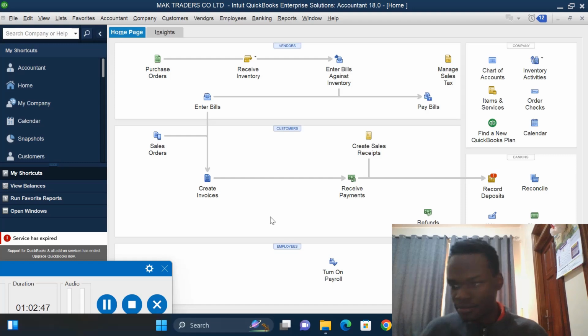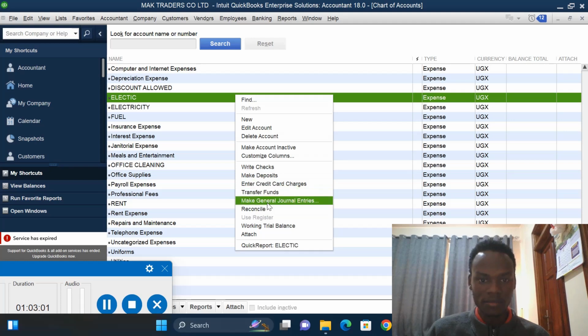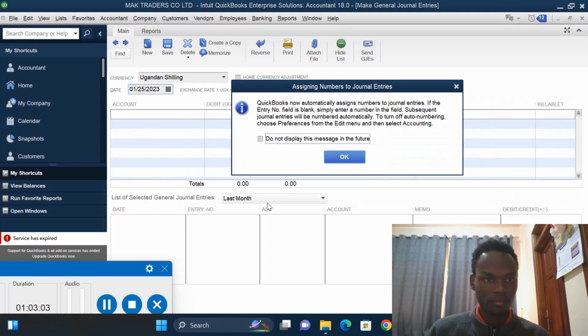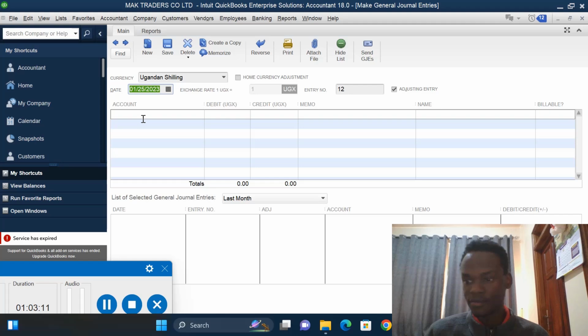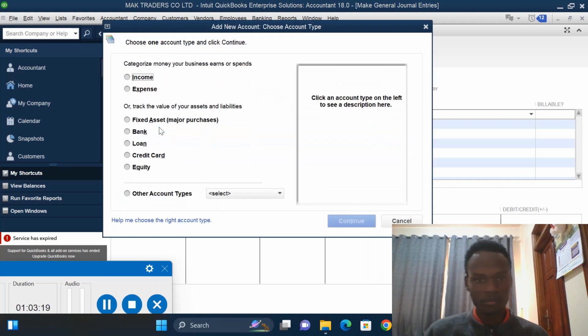Then the next transaction, it says Uganda shilling 500,000 was withdrawn from bank for private use. So we'll come to our chart of accounts and we'll create a general journal. This was on 25th of January. So come here and we'll create a new account. We know that very well, drawings is under equity.